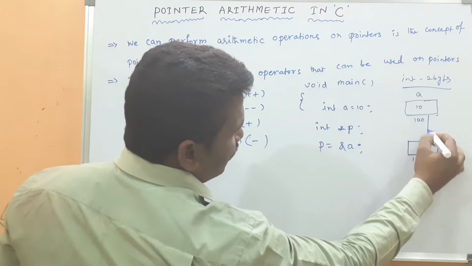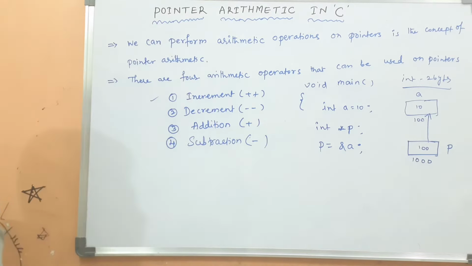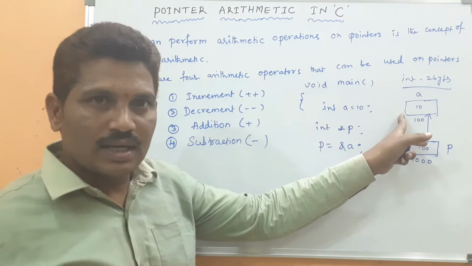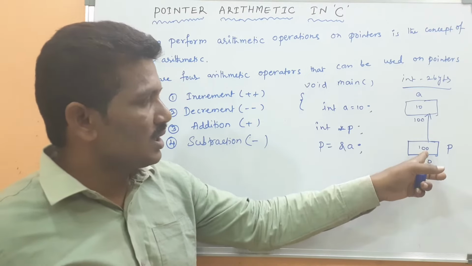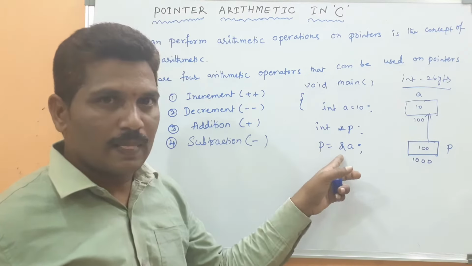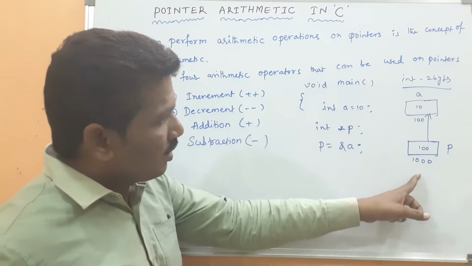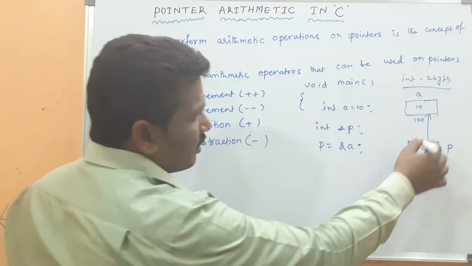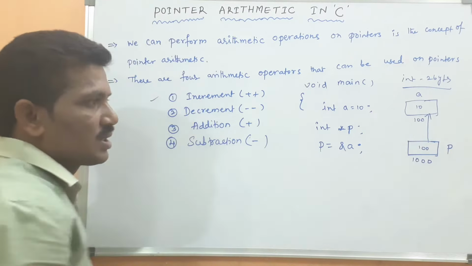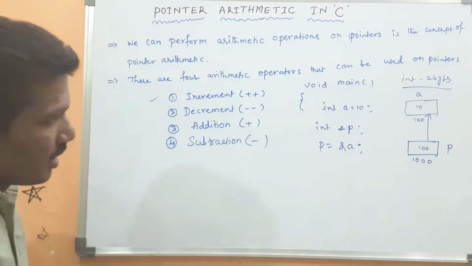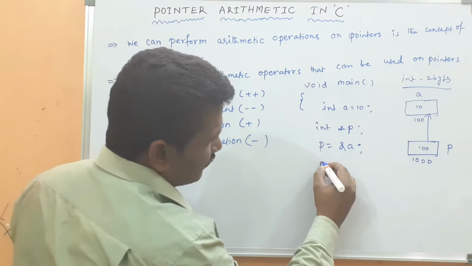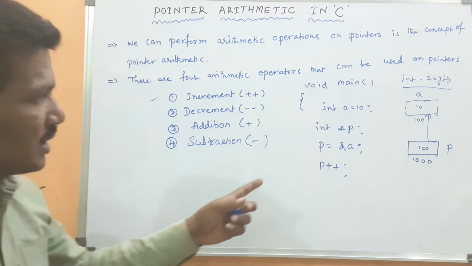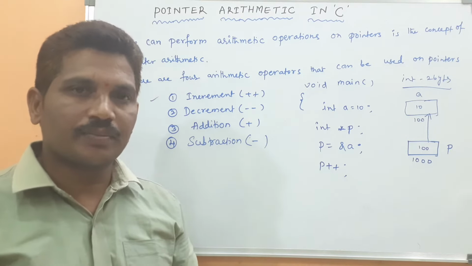Then it points to the integer variable address, because p equals address of a, so it points to the address location 100. Okay, we got it. Here we can perform operations on pointers. Suppose p plus plus. What is the meaning of that statement? The pointer variable is incremented by 1.